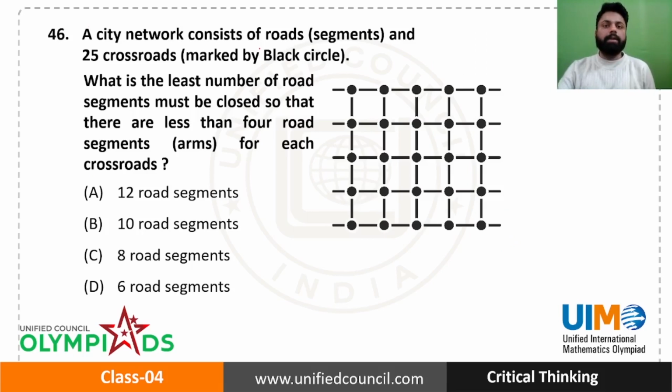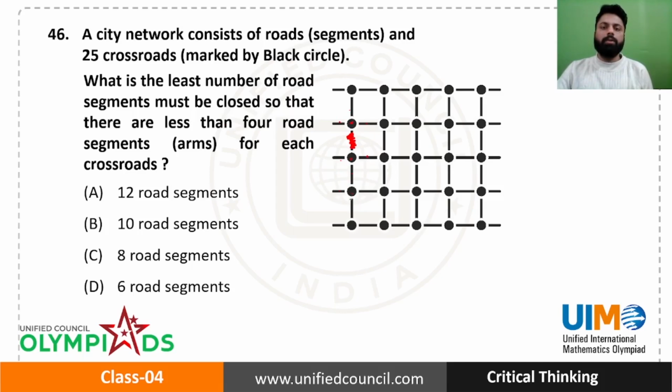A city network consists of roads. Basically, the line segments or the black lines that we are having are the roads and 25 crossroads marked by black circles. What is the least number of road segments that must be closed so that there are less than 4 road segments, basically the arms, connected directly to the crossroads? So let's suppose if we remove this, this will have 1, 2, 3. This will have 1, 2, 3.